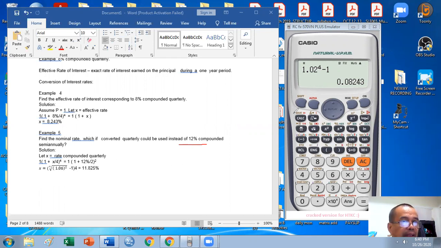And to solve for x, alright, how do you solve for x here? Your x over 4 plus 1 equals the fourth root of 1.06.